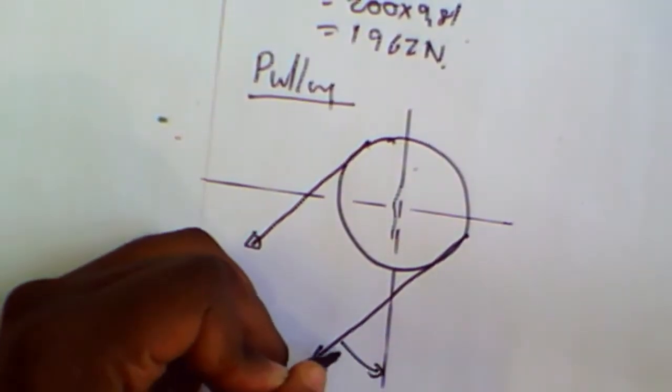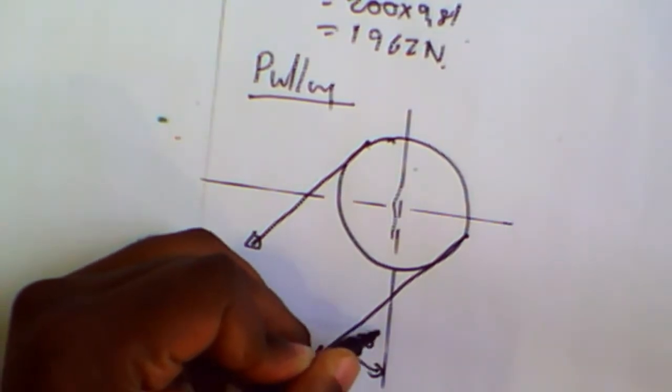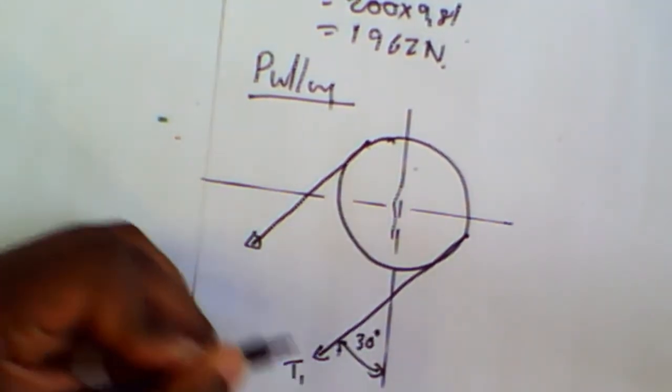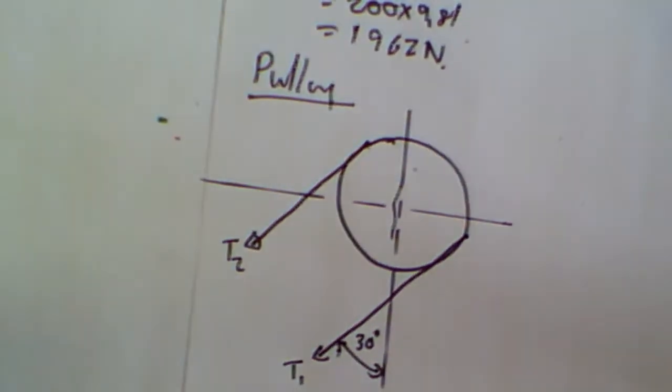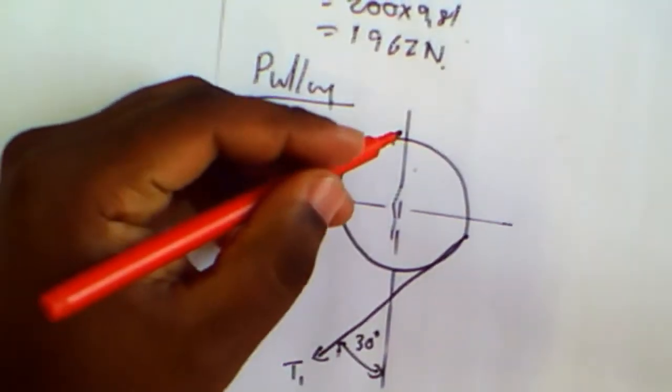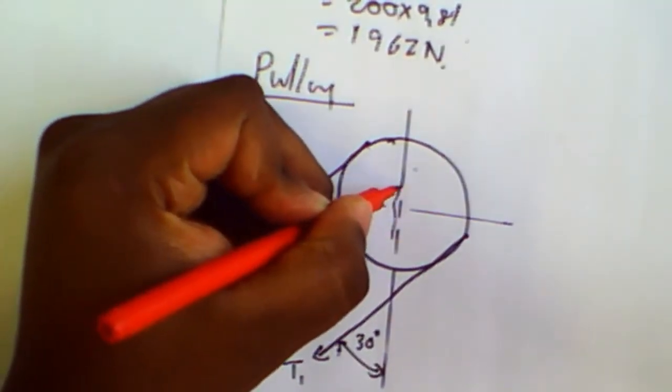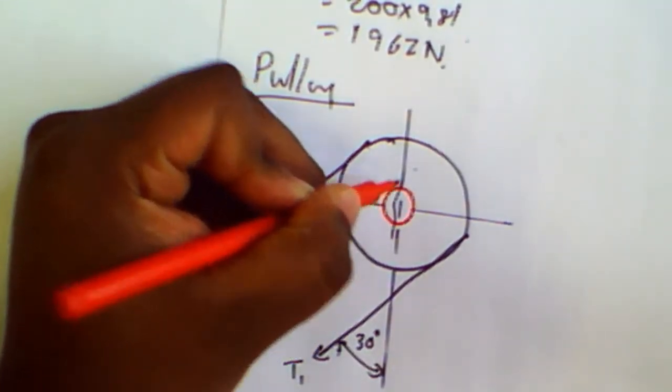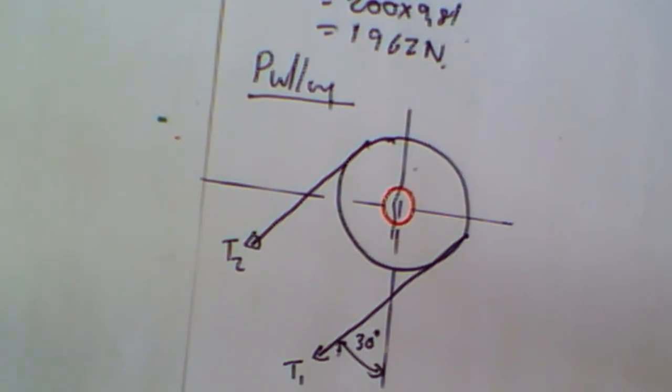So the angle there is 30 degrees. This is T1, this is T2, and my pulley is mounted on my shaft right over there.